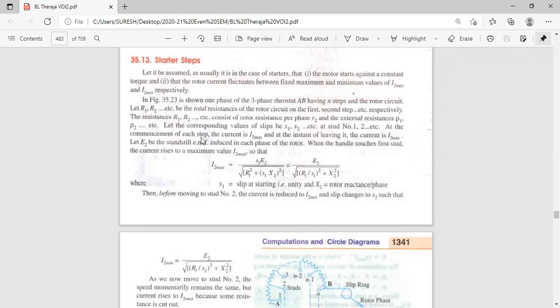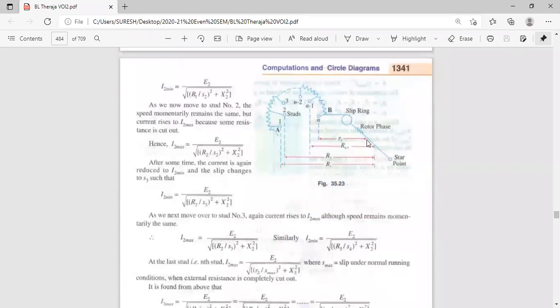Now see here, when you place the switch, the contactor, at 1, the current is I2 max. When the current reaches point number 2 here, the current is minimum.